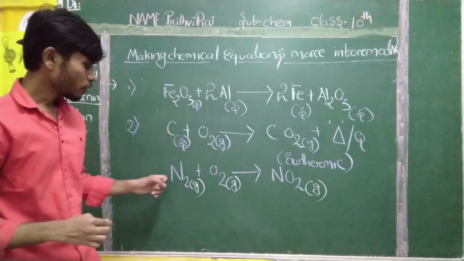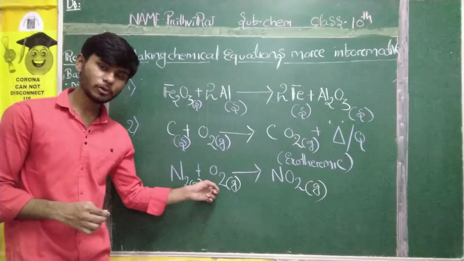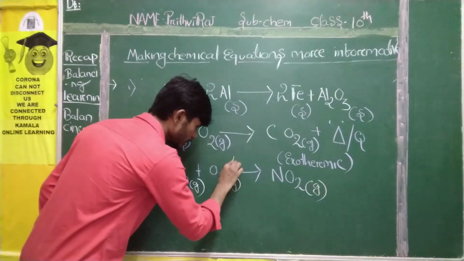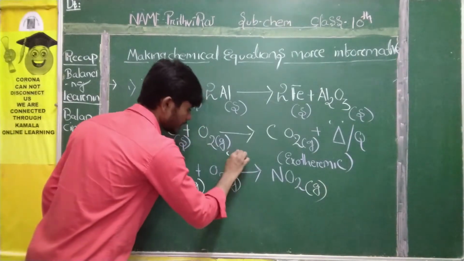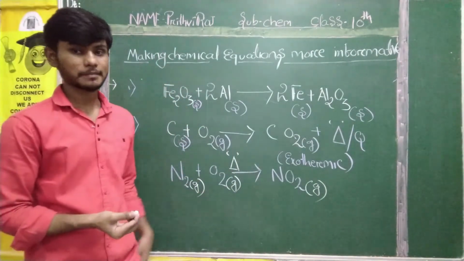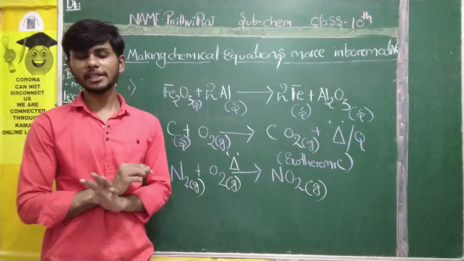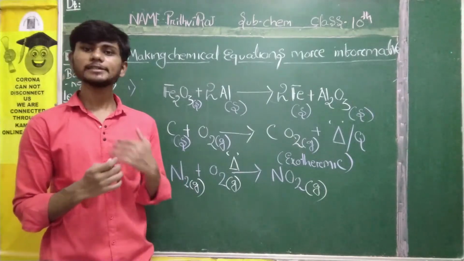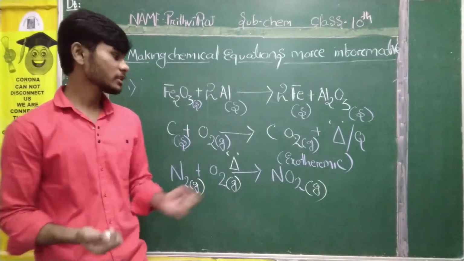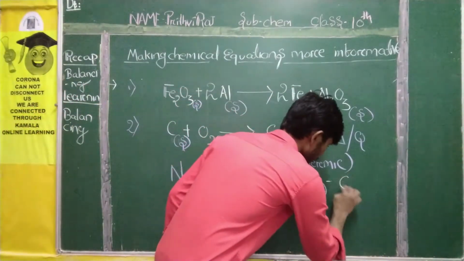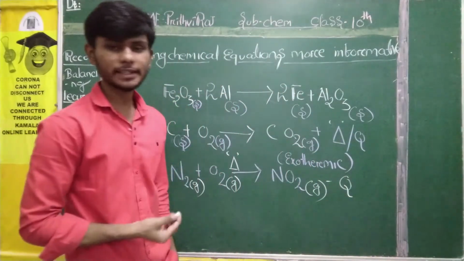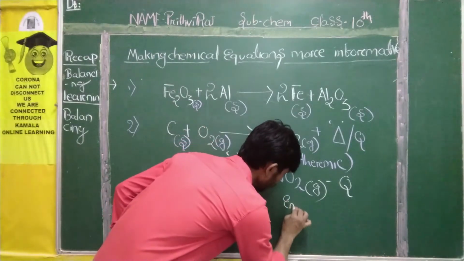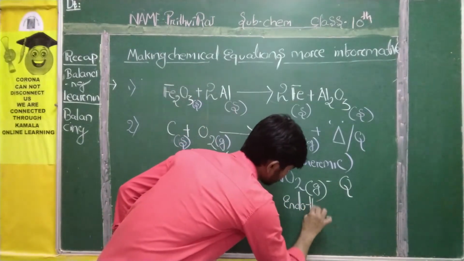But to combine N2 plus O2, you need to give an enormous amount of heat. So you will write delta here, meaning temperature is given. But on the product side you won't get any extra heat; the NO2 gas you get is at normal temperature. So here Q has been deducted, it's minus. So you will write this kind of reaction as endothermic.